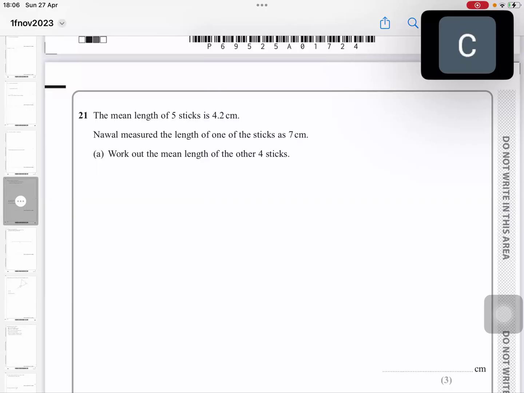So in this case, you would have had to find the sum of the length of those sticks. Remember, there are 5 sticks, so we will add the length of 5 of them. After adding the length of 5 of them, we'll divide it by what? 5, right?